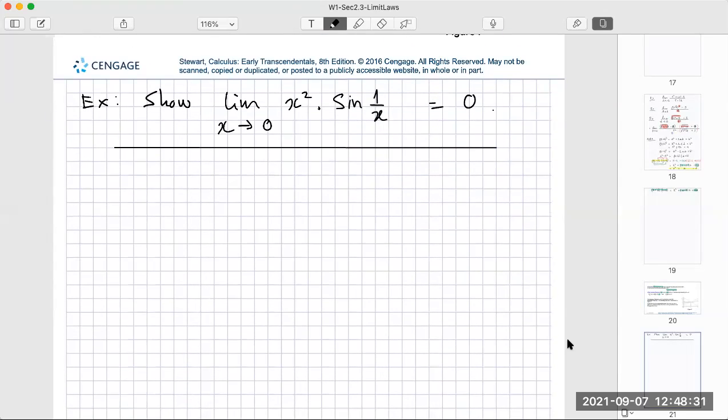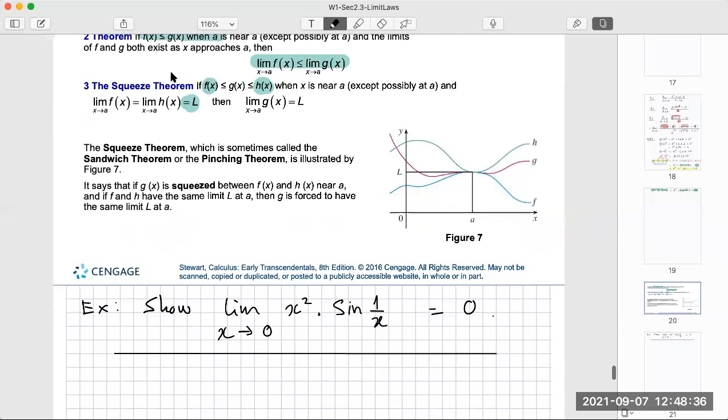Before we do this example, the hint is we should use the squeeze theorem here, right? Suppose this is the function g. Then we need to find the functions f and h somehow, smaller or bigger than this function.